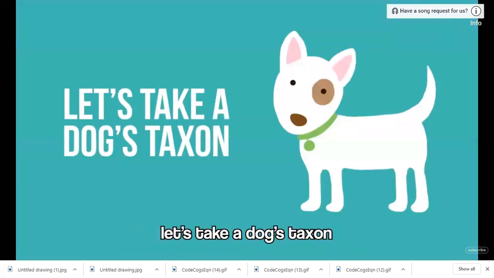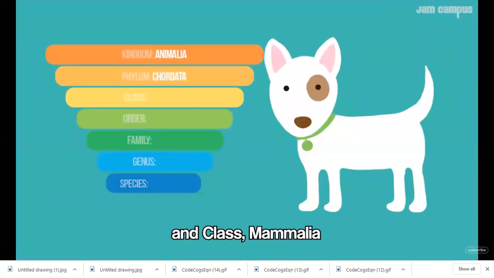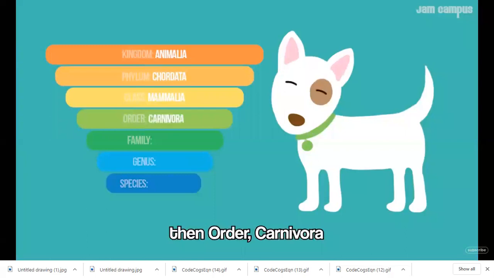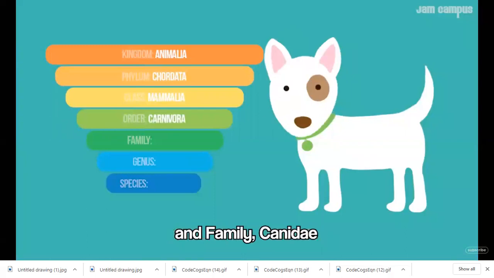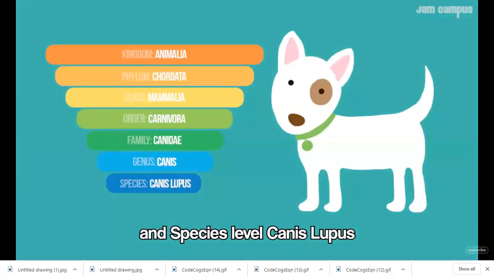Now let's take a look at the kingdom in a million. The phylum is called data, in class, family, in order, carnivore, in family, canary, genus is the genus, and species, level, genus, us.